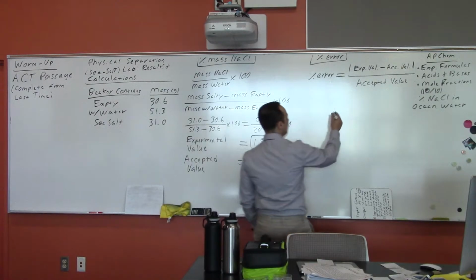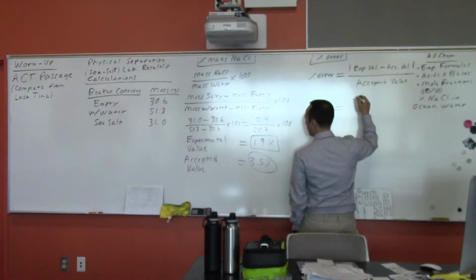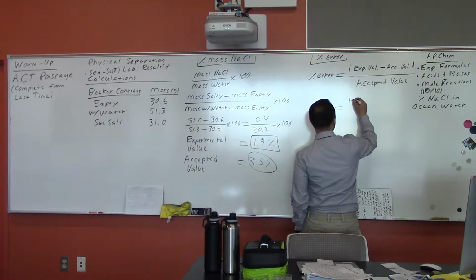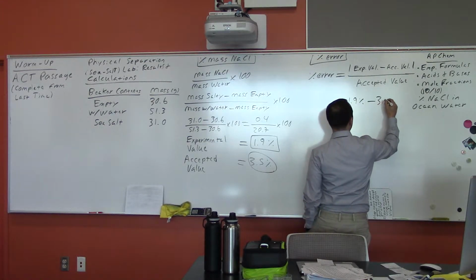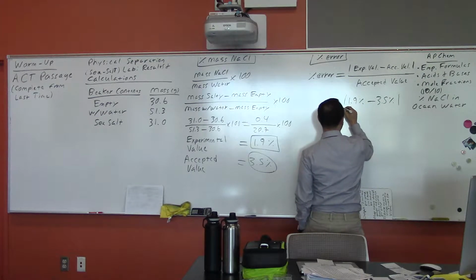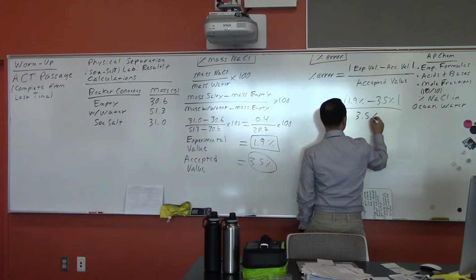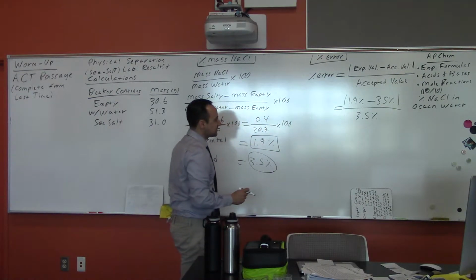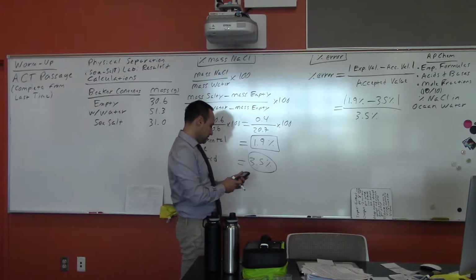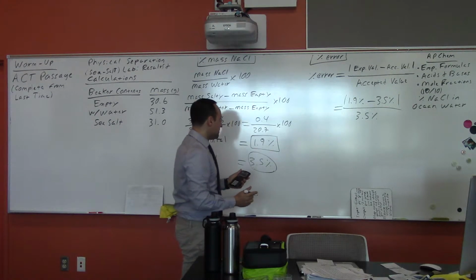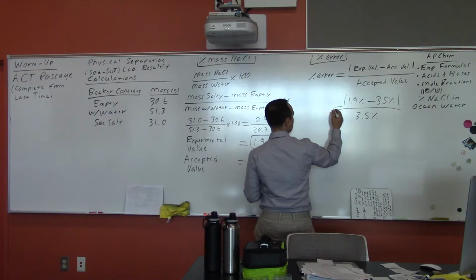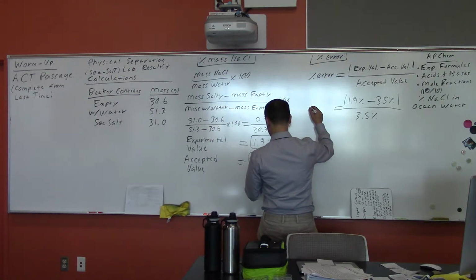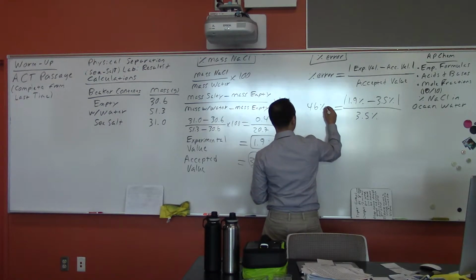So to calculate our percent error, we go experimental value, that's 1.9%, minus 3.5%, we get the absolute value all over 3.5%, and that's going to give us 1.9 minus 3.5 divided by 3.5. Okay, that gives us 46%. Okay?